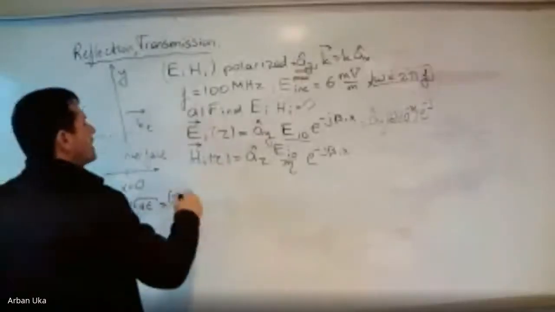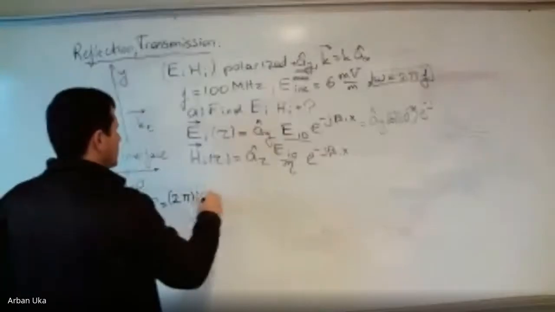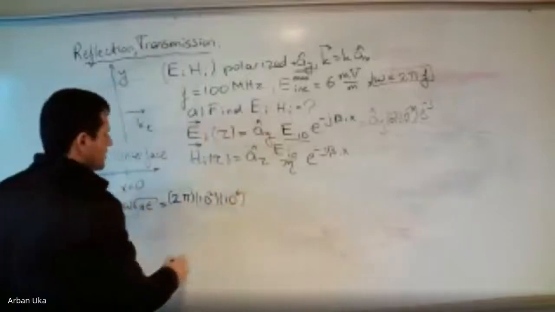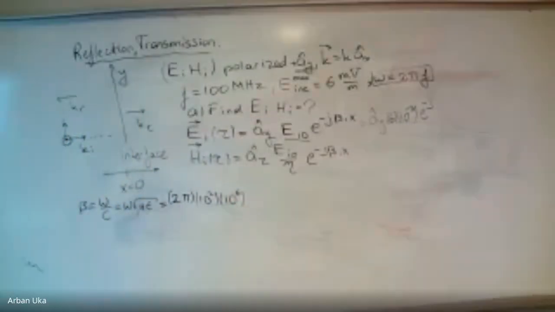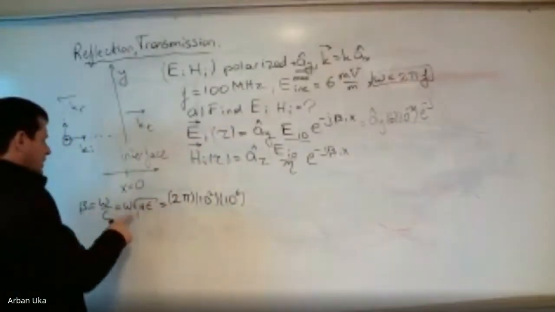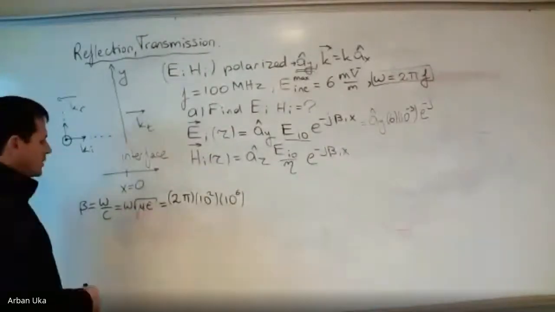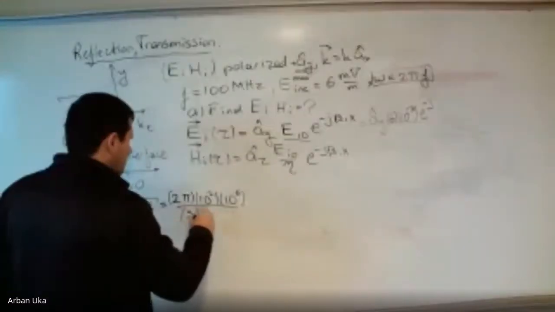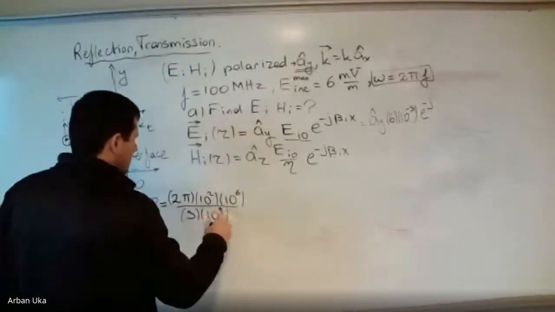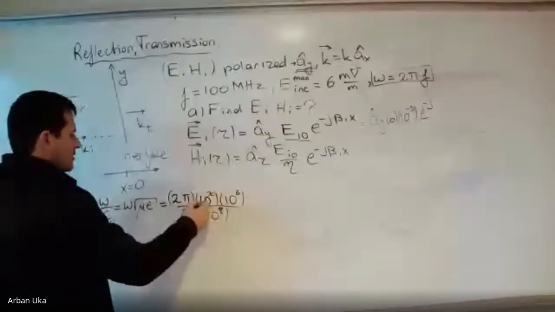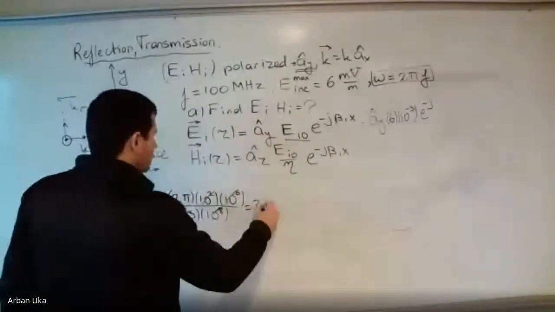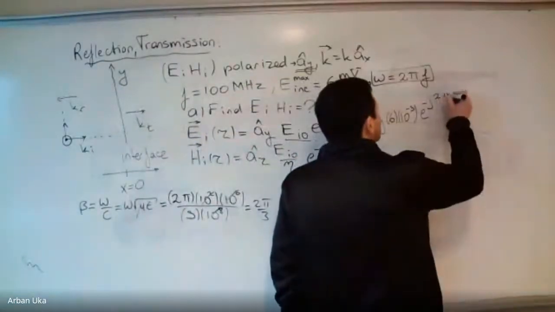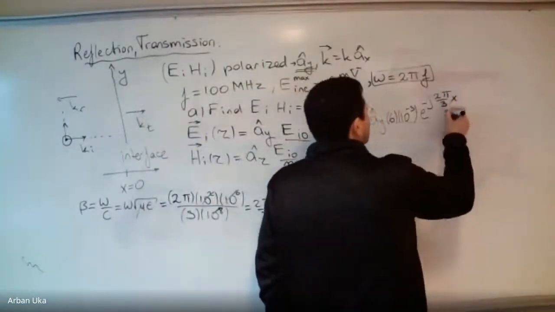So here we have 2 pi times 10 to the power 2, which is 100, times 10 to the power 6, which is a megahertz. This is the omega, and the square root of permeability times permittivity is the speed of light, 3 times 10 to the power 8. So in this case, we just cancel out these, and we are left with 2 pi over 3. So this is the beta. Here we have 2 pi over 3 x.